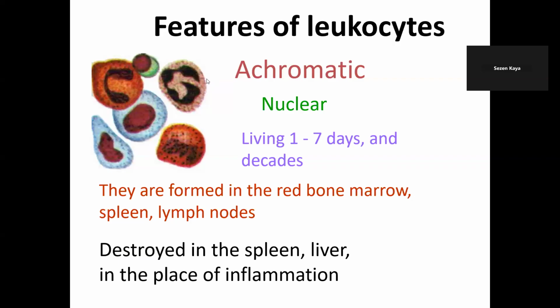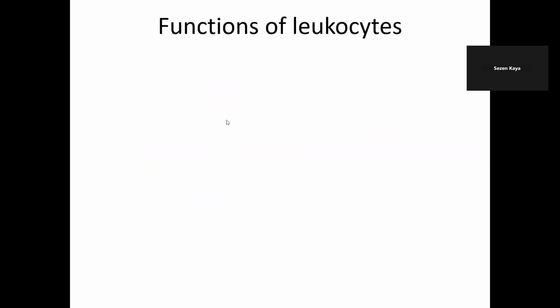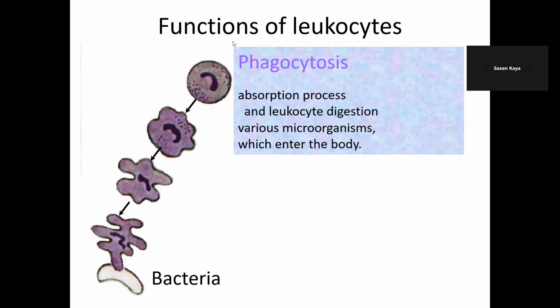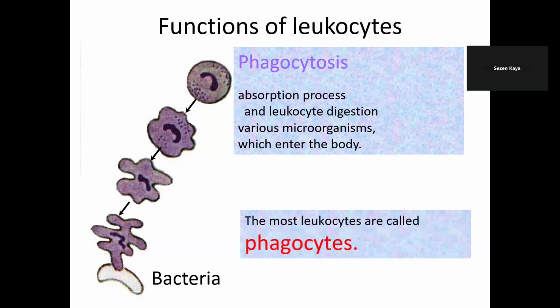An important moment: this type of cell has a nucleus obligatorily. The main function of leukocytes is phagocytosis. Phagocytosis is the process of absorption and digestion of various microorganisms which enter the body. Most leukocytes are called phagocytes.